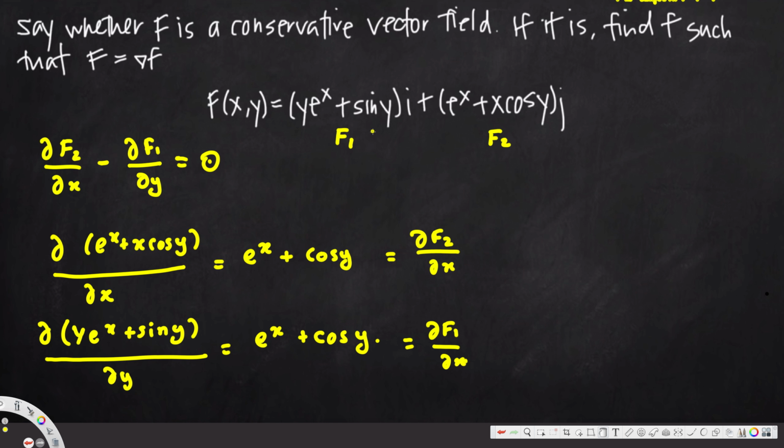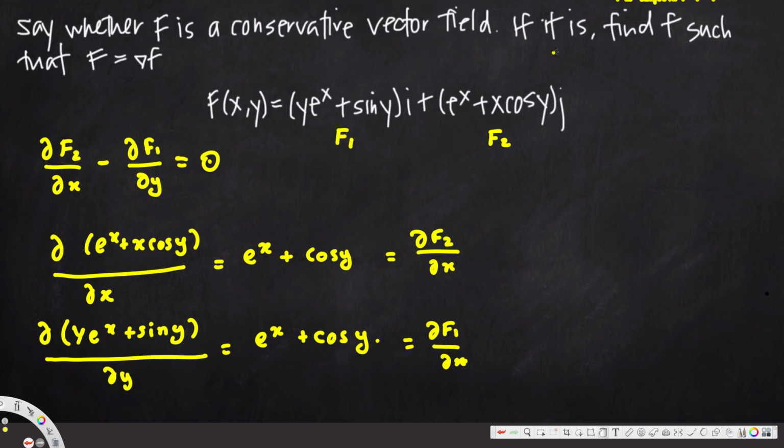Another condition is a negative value inside a square root, which is also undefined. We don't have that here. Also if we have ln of 0 or a negative value, that's also undefined. We don't have any of that situation. It means these functions are defined everywhere, so it satisfies both conditions. It's 0 and defined everywhere. It means this is a conservative vector field.